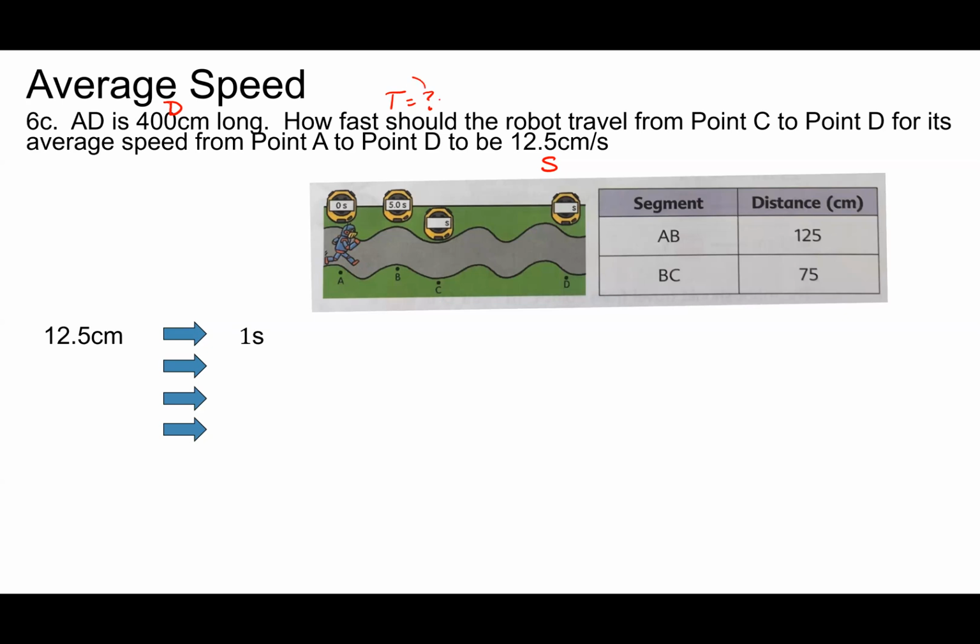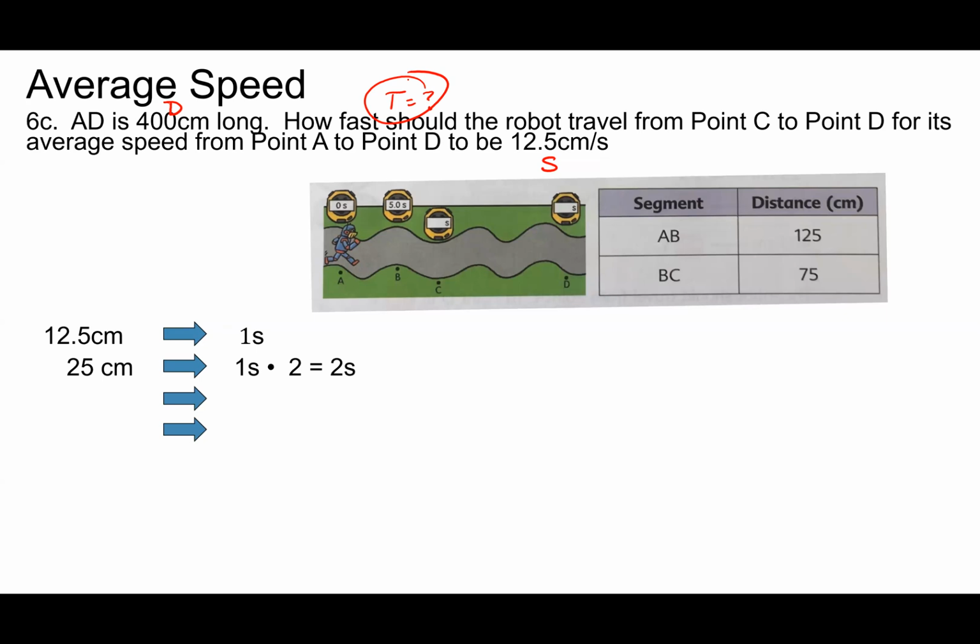All right, since we're looking for time, remember time is on the right this time. Okay, can we go from 12.5 to 400 very easily? Well, we could. What's 12.5 times 2? Do you guys know? 25. Okay, let's multiply by 2. In 2 seconds, he goes 25 centimeters.